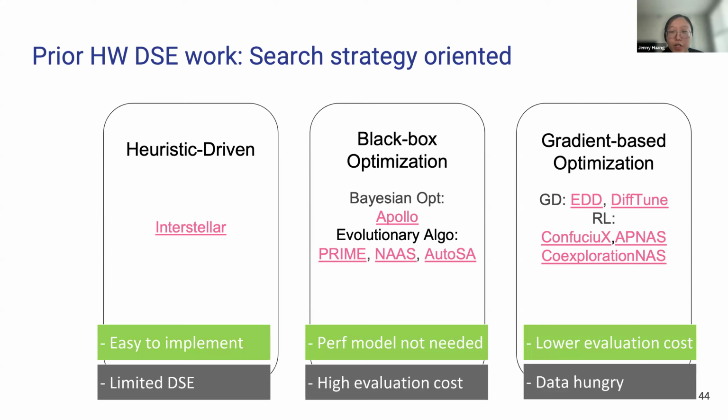Each of these strategies has its pros and cons. But one thing they have in common is that they only perform either the search or the heuristic on this original design space.